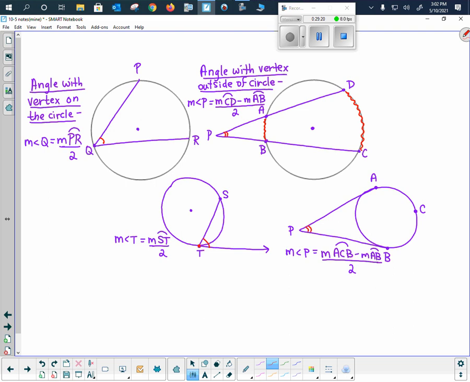So again, that angle P, guys, just to visualize it, would be the arc it hits, the big one, arc ACB, minus arc AB, the smaller one. Okay? All right, so that is what is happening there. Okay? I'll take those last 2 away because that might confuse someone.